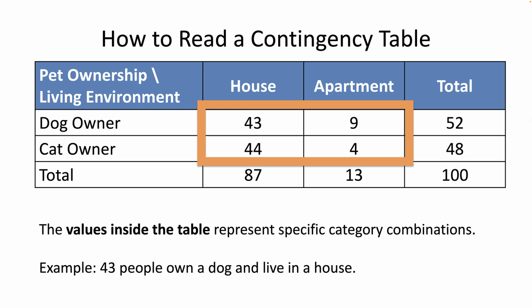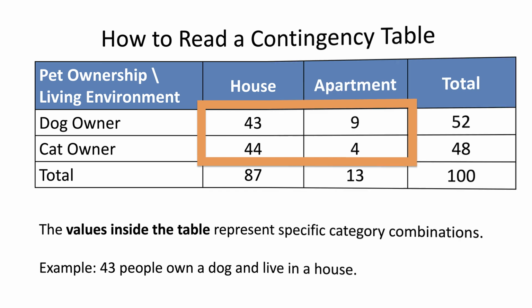Continuing through the inside of the table, we would see that 9 people owned a dog and lived in an apartment, 44 people owned a cat and lived in a house, and 4 people owned a cat but lived in an apartment. So the inside of the table shows us how the two variables are related.